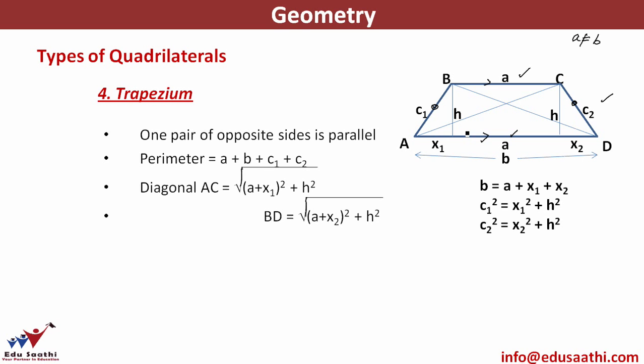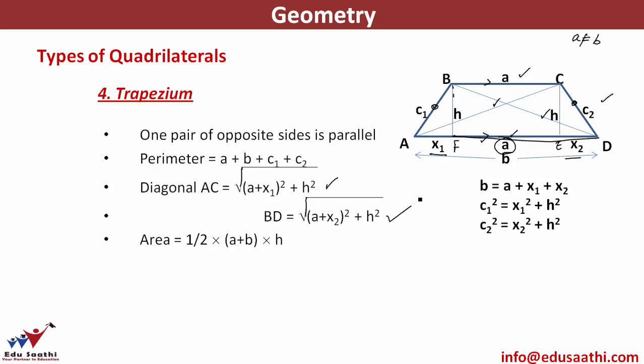So if I look at this triangle AC, let me call this point as E. If I look at ACE, AC square will be equal to (A plus x1) whole square plus h whole square, and then square root. Similarly, BD can be obtained by looking at triangle BFD. BD square will be given by (A plus x2) acting as the base, h acting as the height. So I'll get the formula for the diagonal.